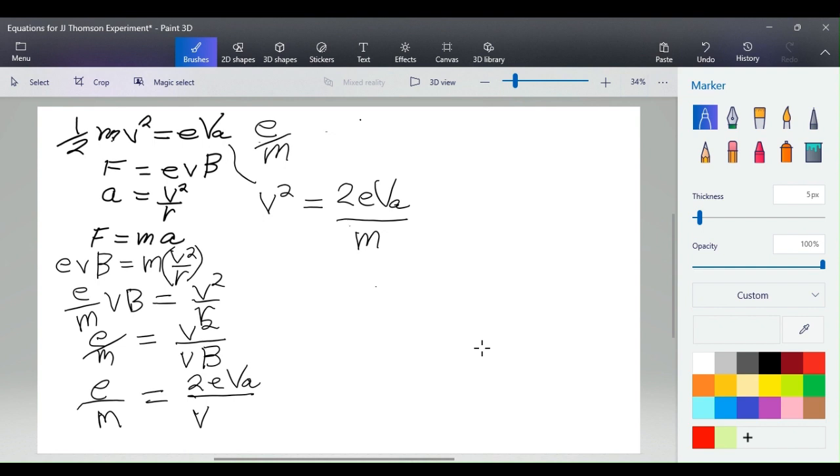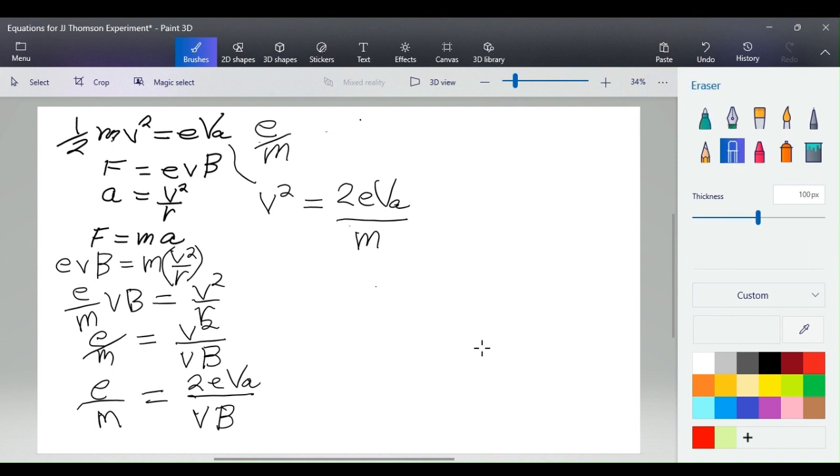That V and B. Let's see, what is V squared over R? Oh, I should have canceled out the V here. Should have canceled out the V. Thank goodness for an eraser.